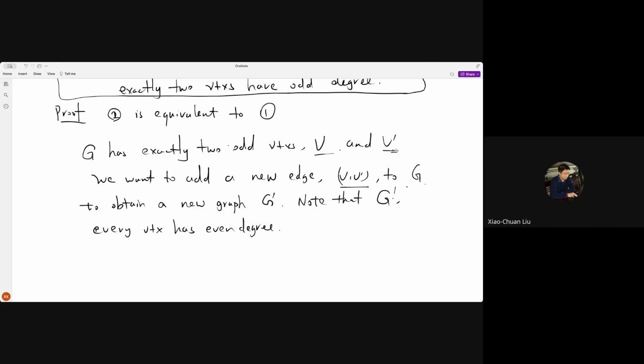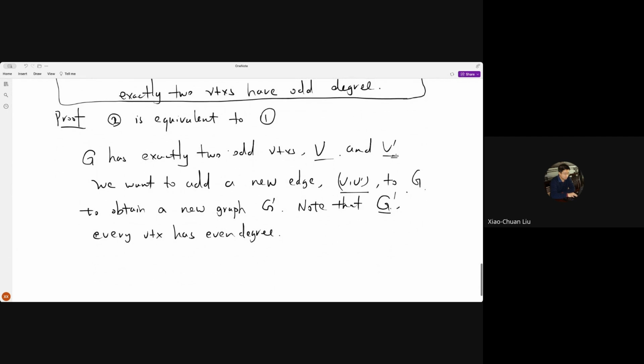Okay. So now, if for example one of the statements is correct, if in G prime every vertex has even degree and it has an Euler tour, then you delete that edge and you observe that the original graph has an Euler trail. Okay. But the other direction is a little more tricky to prove.